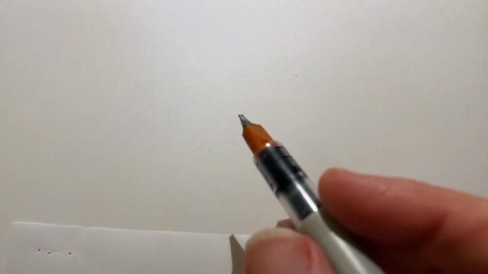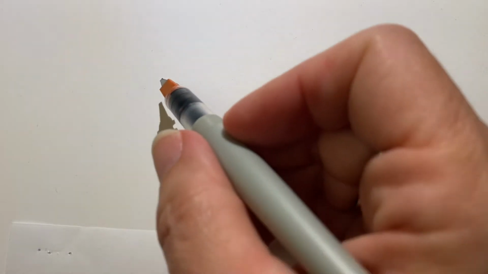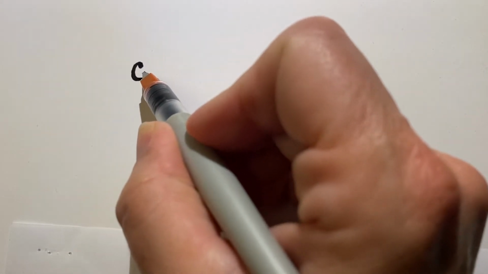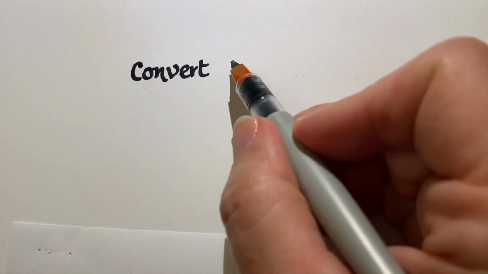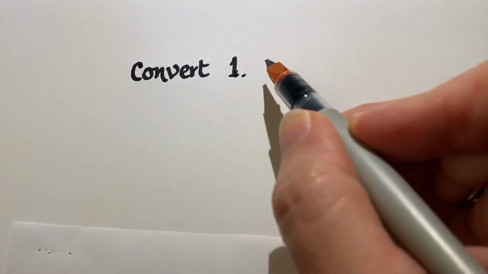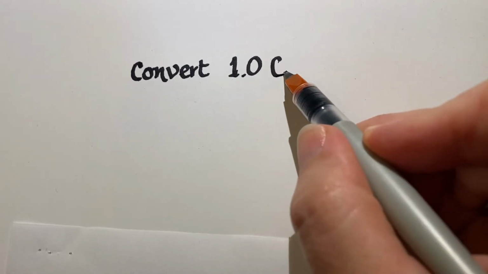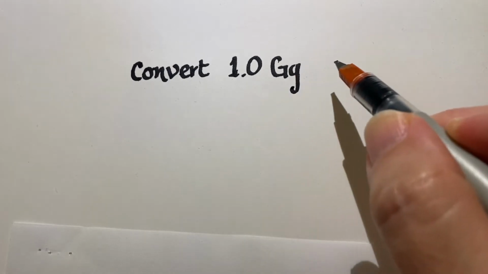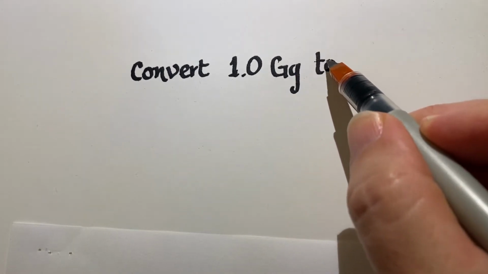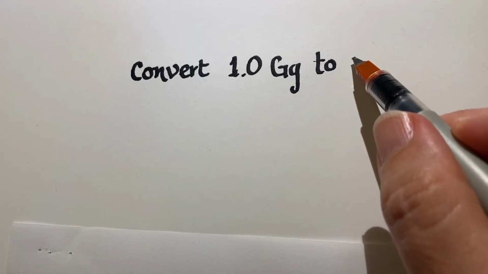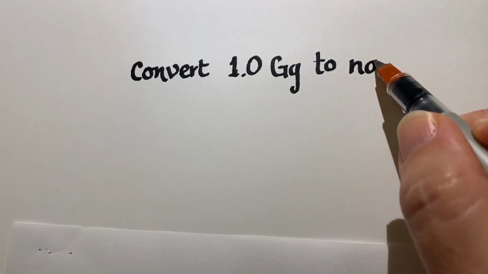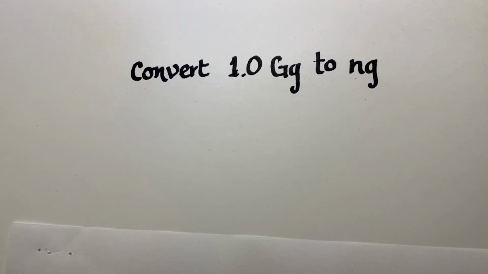So what we want to look at is, if you're asked to convert 1 gigagram to units of nanograms, let's think about how you would do this.